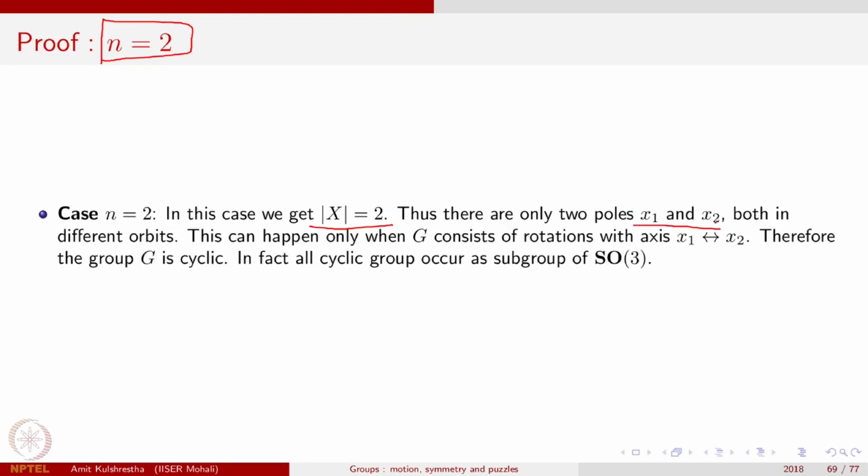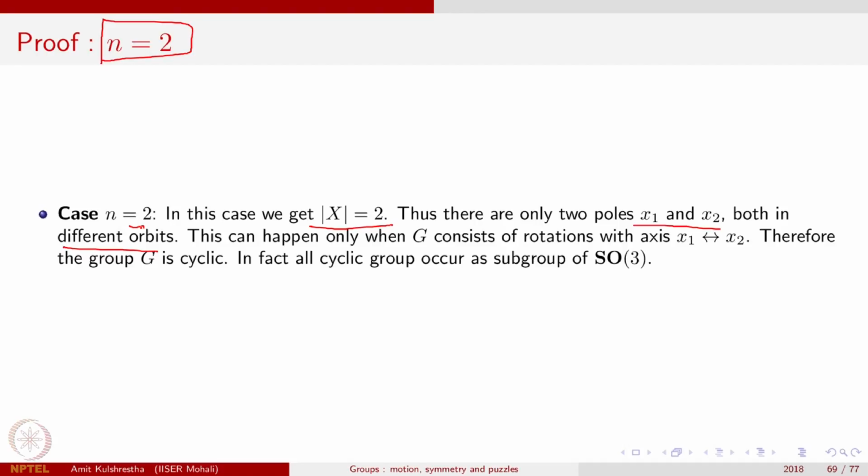So number of poles is only 2, and if there are only 2 poles, they have to be antipodal. And both of them are in different orbits because number of orbits is 2. So I cannot move this pole to that pole, right? So what is the picture now? These are actually antipodal.